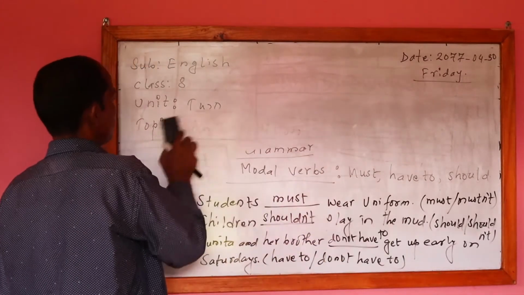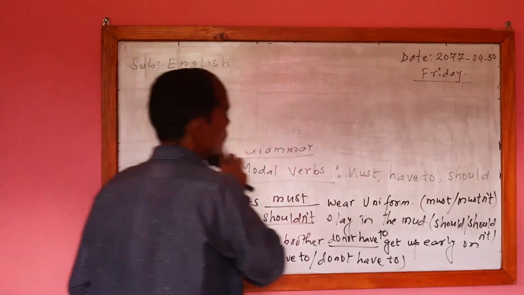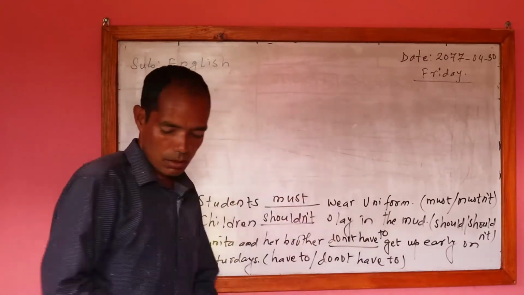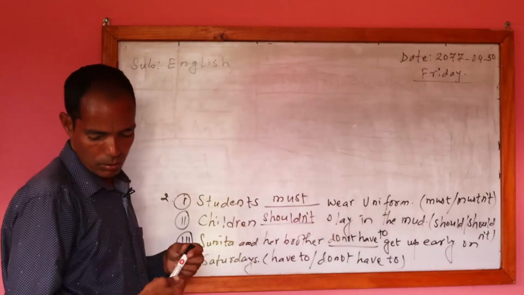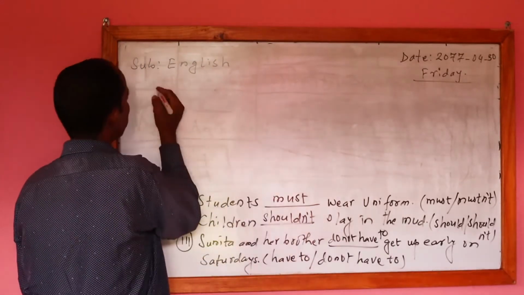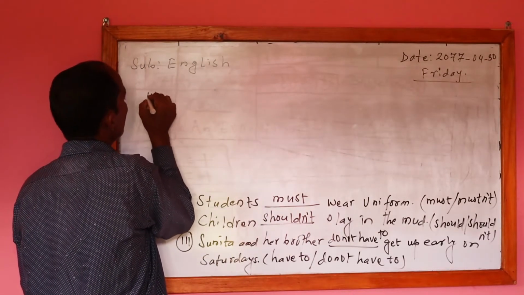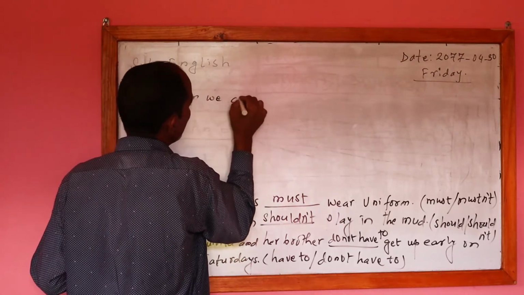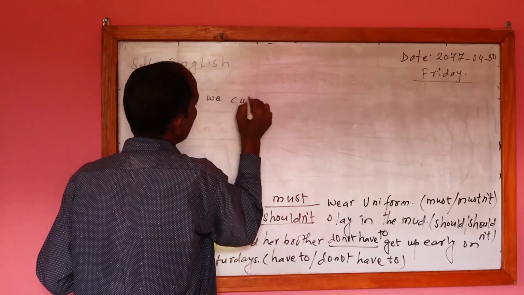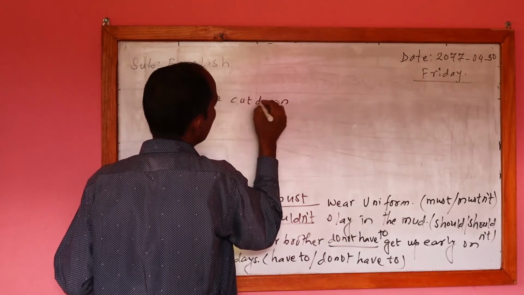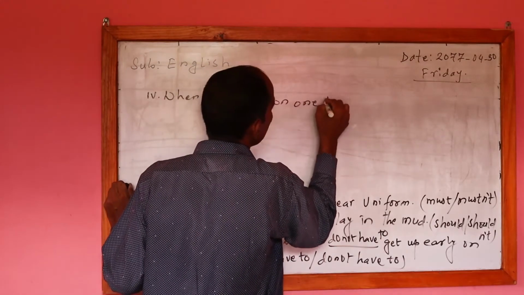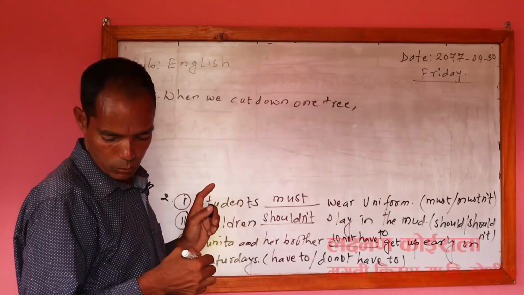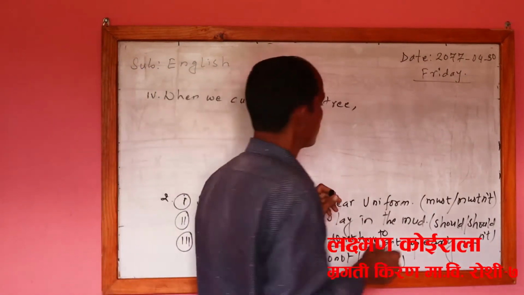Similarly, now I am going to show you some sentences by writing on the board. Let's see, in number IV: when we cut down one tree, and after that we plant two in its place.